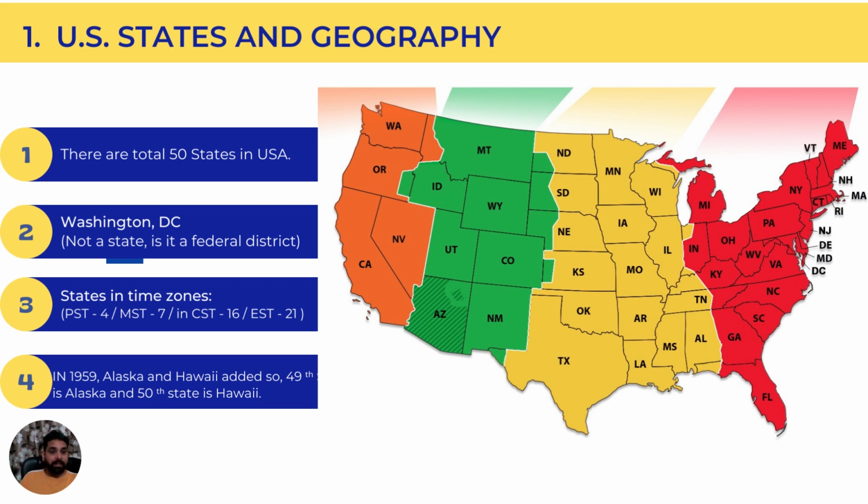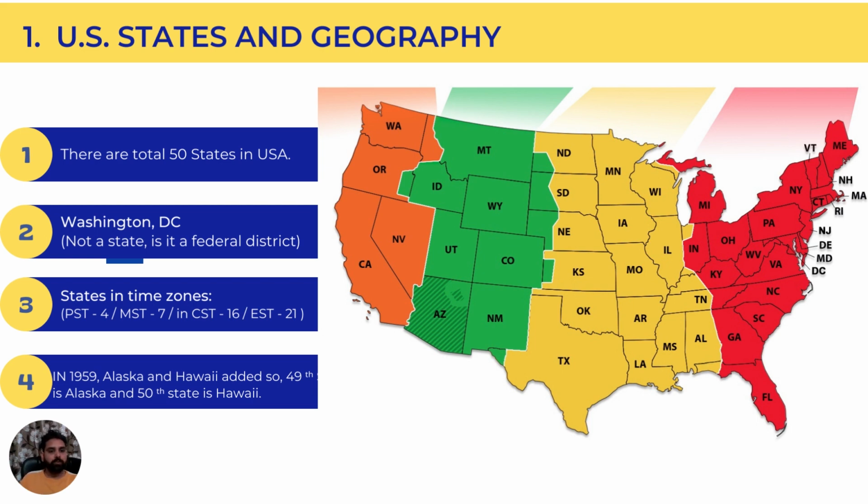In 1959, Alaska and Hawaii were added. So the 49th state is Alaska and the 50th state is Hawaii. Including Alaska and Hawaii, there are 50 states in the USA. On the map, you can find 49 states or 48 states because 2 states were added after 1959.